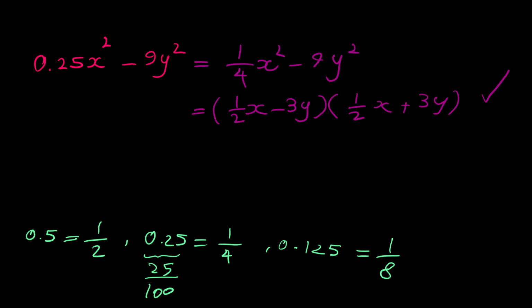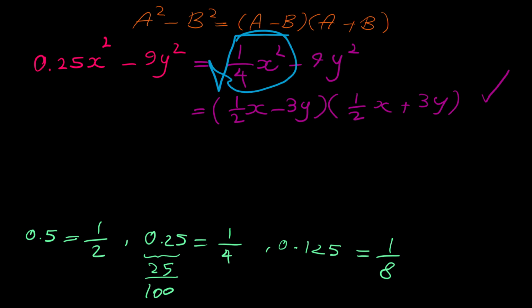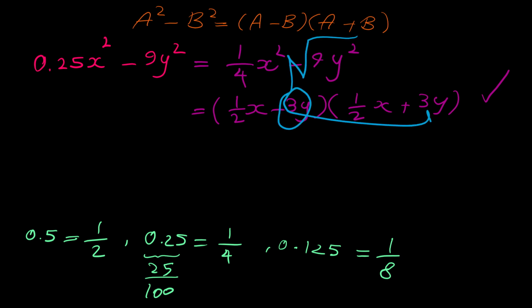And again, attention, here we use again this identity: a2 minus b2 is a minus b times a plus b. How do we get a? By taking the square root of a to the 2, we have a. So in this question, the square root of 1/4 is 1/2, the square root of x to the 2 is x, and the square root of 9y to the 2 is 3y.